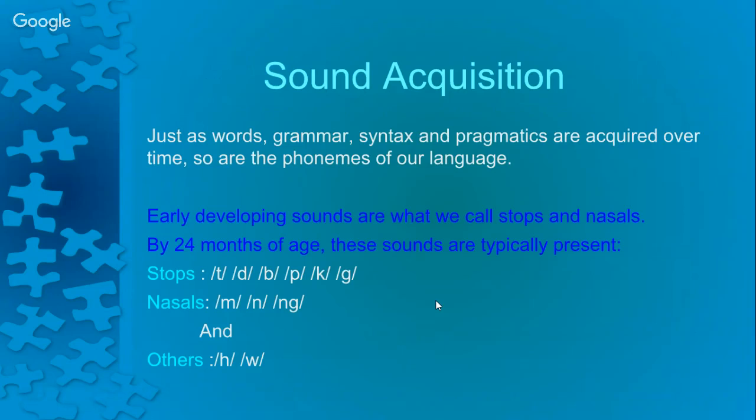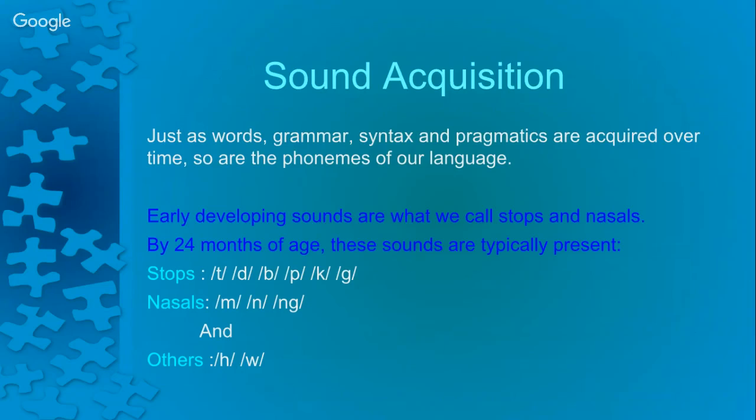And just as words and grammar, word order, and social language pragmatics are acquired over time, so are the phonemes of our language. Early developing sounds are often stops and nasals. I briefly mentioned them in one of our last slides. Stops are t, d, p, b, k, g.